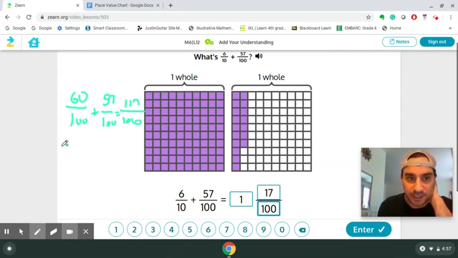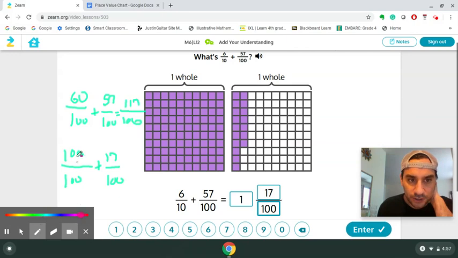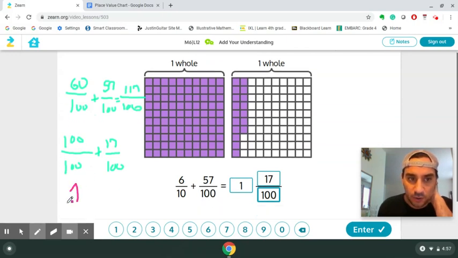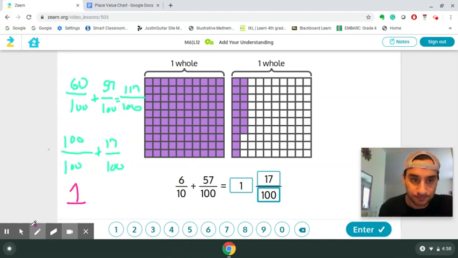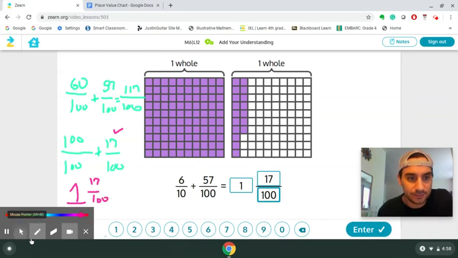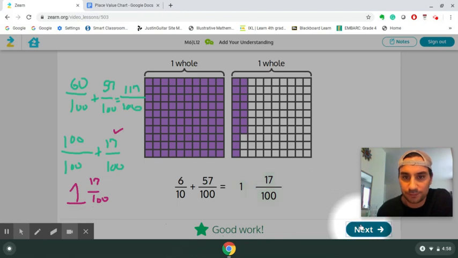This 117, we can look at it like 100 hundredths plus 17 hundredths. 100 hundredths is equal to one whole. Remember, if the numerator and the denominator are the same, that's equivalent to one whole. And then I have my leftover fraction here, 17 hundredths. 1 and 17 hundredths. Good work.